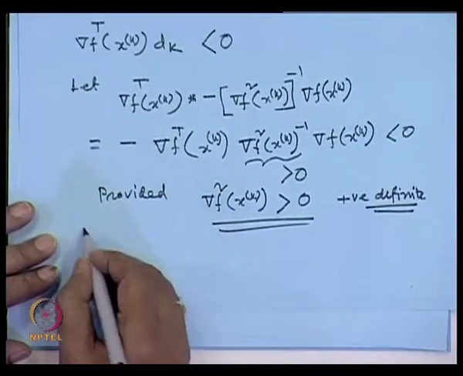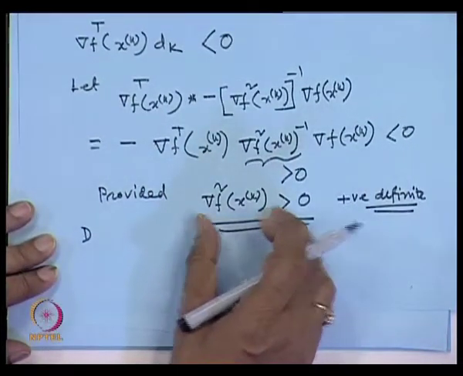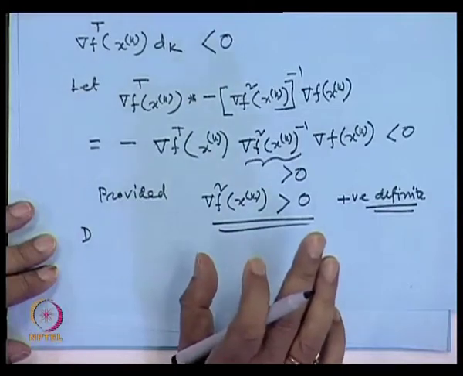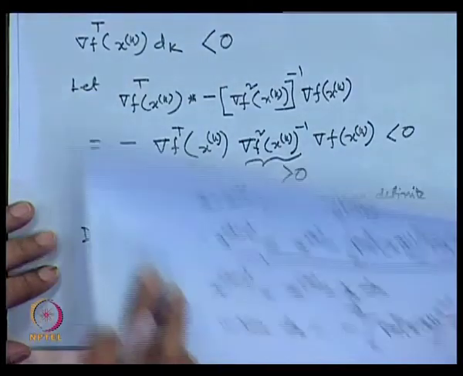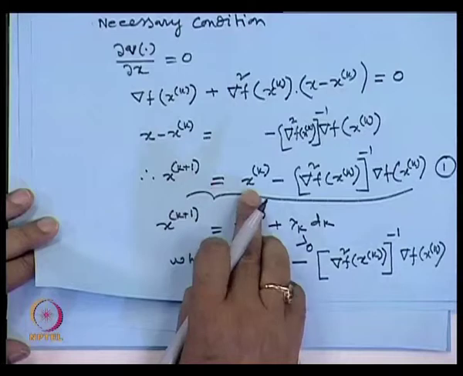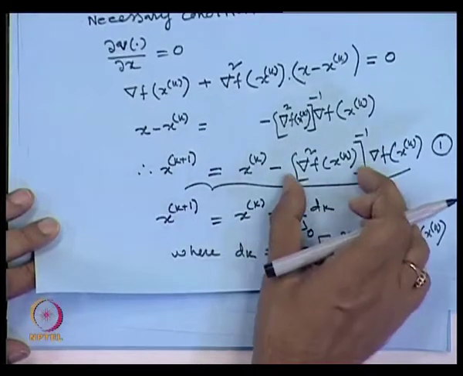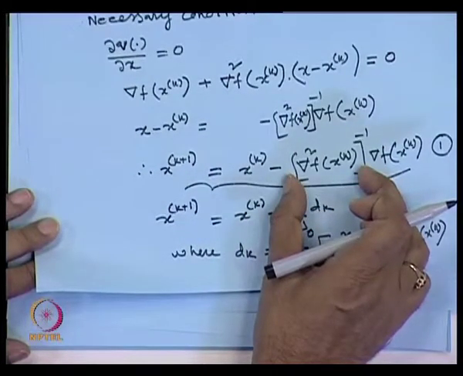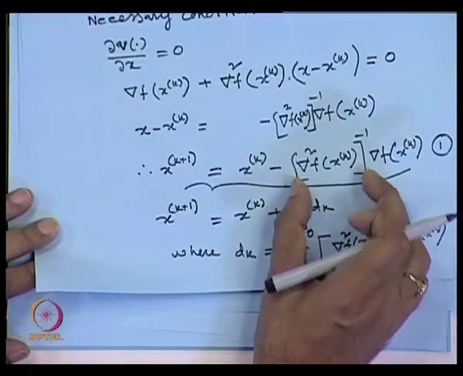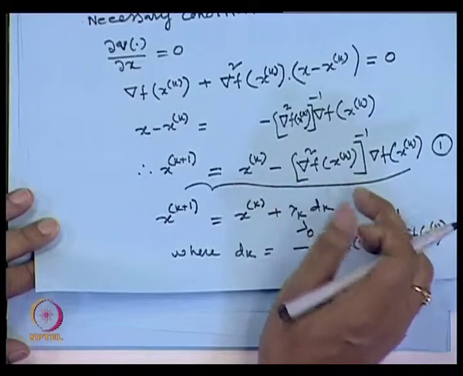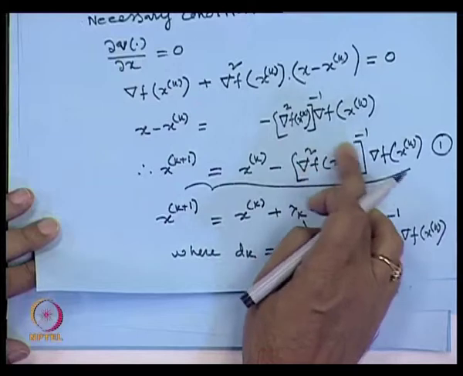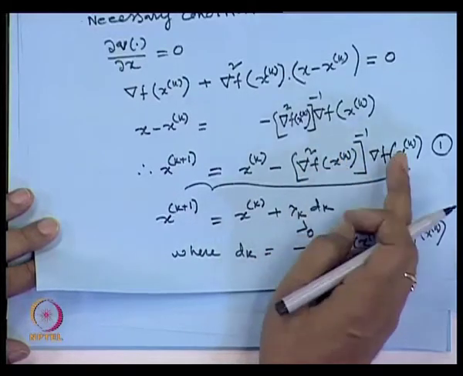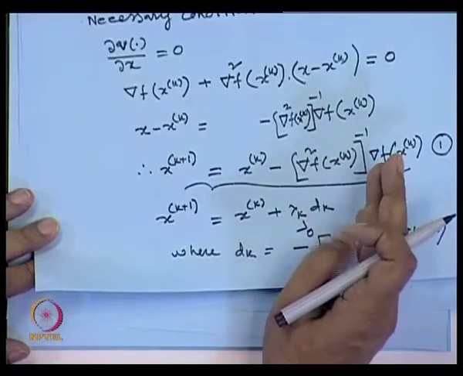So, the drawback of this method is that this must be positive, that is one thing. Another thing, when we update x^(k+1), you need the inversion of a Hessian matrix. So there is an inversion involved, and that matrix dimension is n by n, since our decision variable x has dimension n.